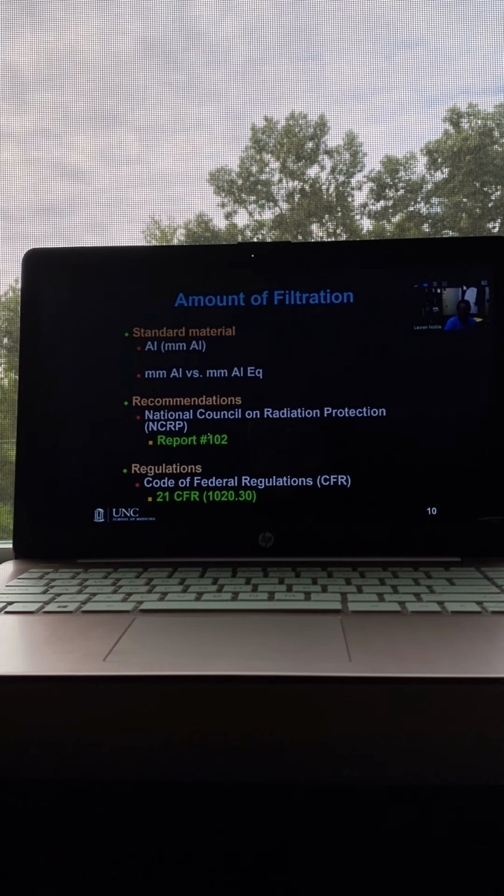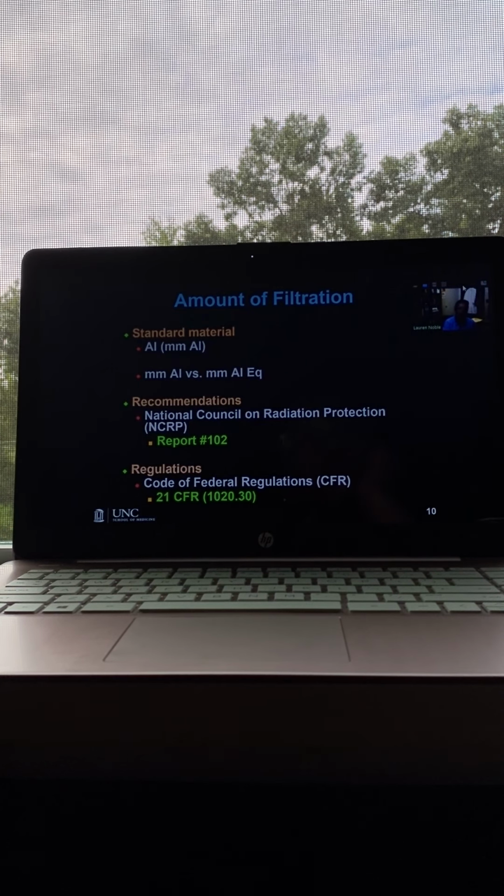You don't need to know that it's report 102, but what's important to note about the National Council on Radiation Protection, they have numerous publications, and so all of their publications are identified by report number. So when it comes to recommendations regarding X-ray equipment, it comes from report number 102. We'll be seeing this again because there are other recommendations concerning X-ray equipment, not just filtration.